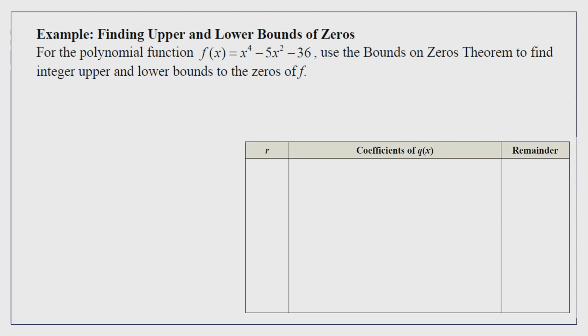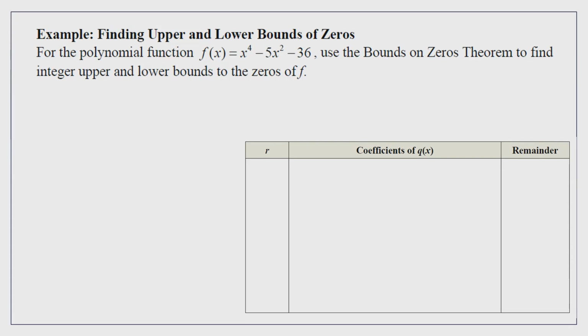All right. So for this problem, we are going to find the upper and lower bounds of the zeros of the polynomial f of x equals x to the fourth minus 5x squared minus 36.